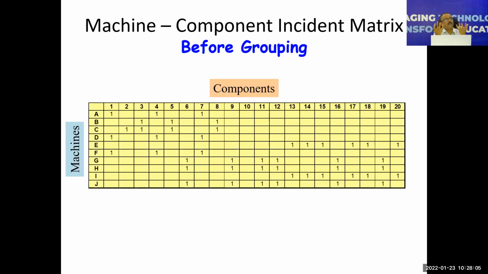Now each component will require a different kind of processing in terms of its shape and the configuration of that particular product. So depending on those characteristics, you can form the part family. And within the shop, for example, if this is the shop, in this particular shop, we can have different cells.